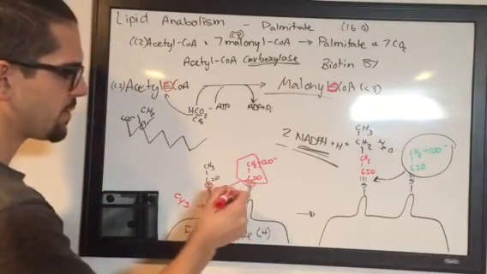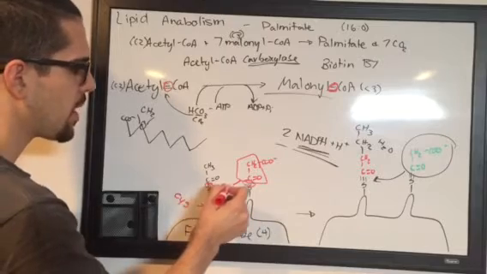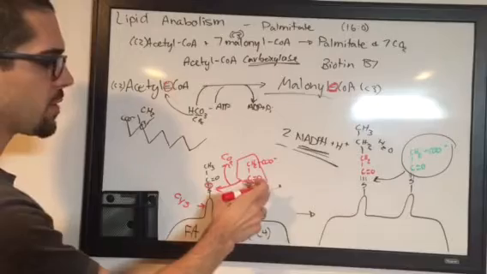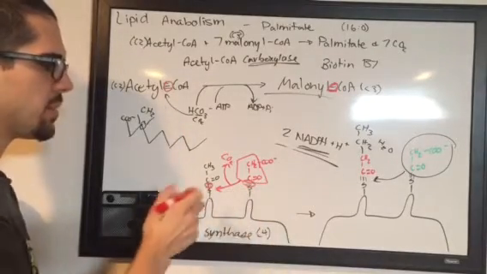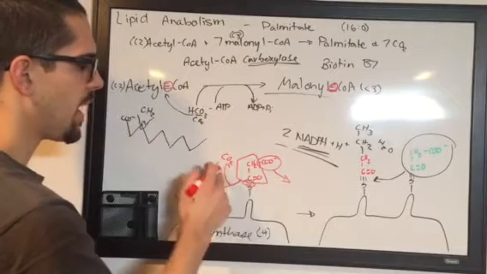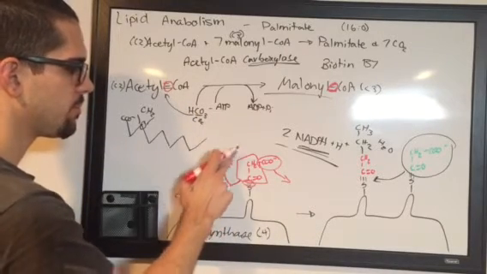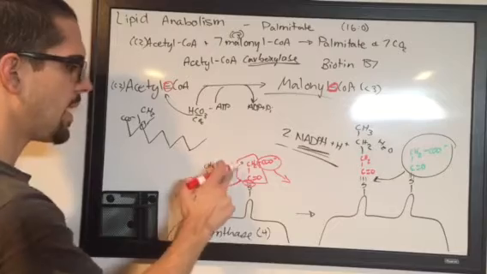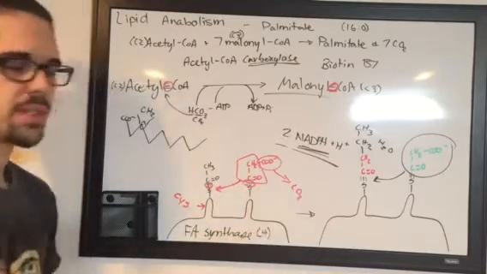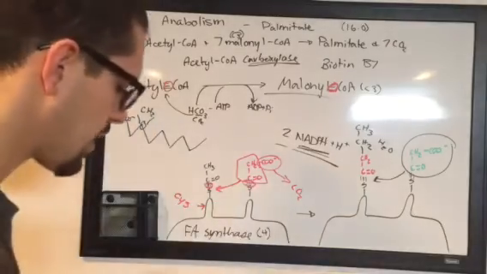As each group transfers, you're going to lose a CO2. Our malonyl-CoA is C3. We're adding on 2 carbons each time. This is going to leave as the CO2 here. So as this group is transferred sideways, the COO- is going to leave as this carbon dioxide.